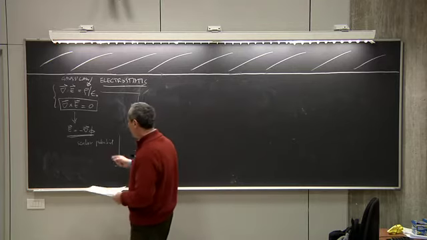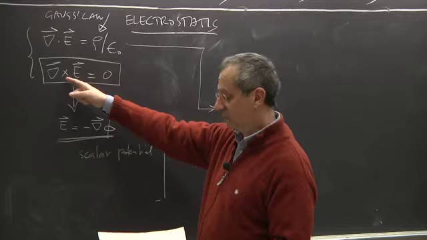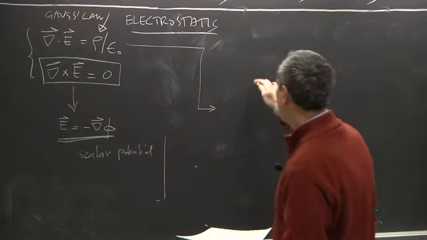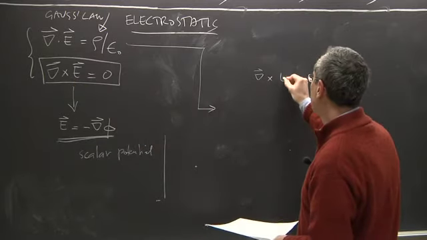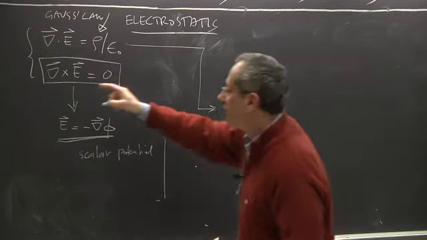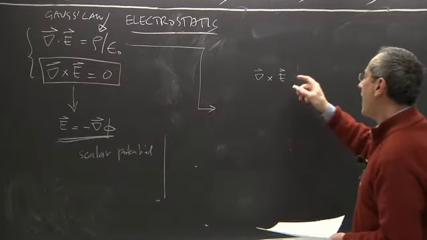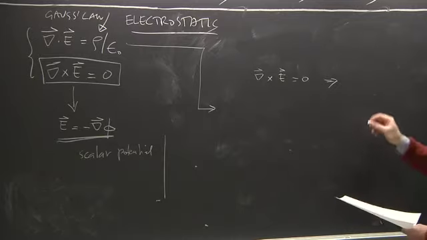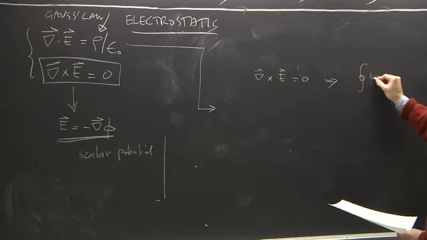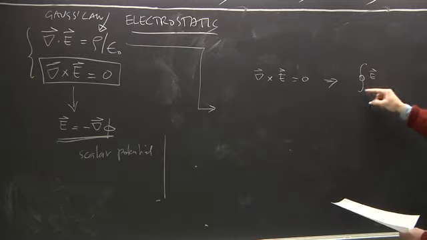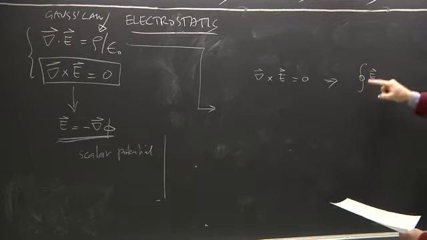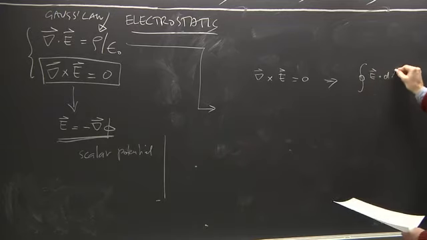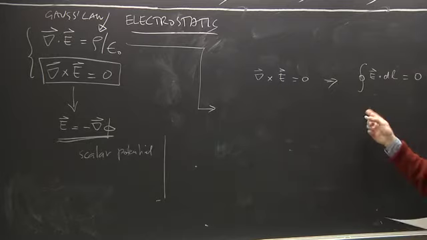This is equivalent to the fact that the curl of your vector field vanishes, and through the Stokes theorem, that a line integral around a loop of your field vanishes.